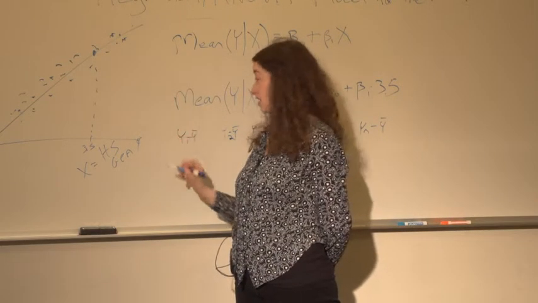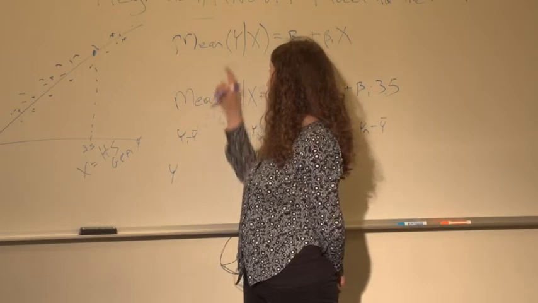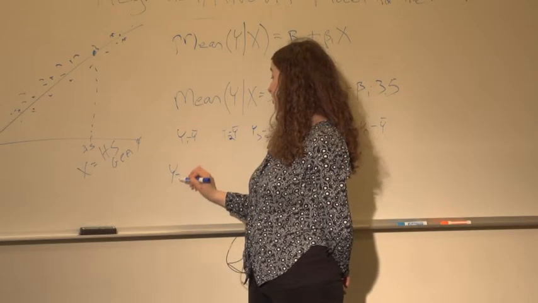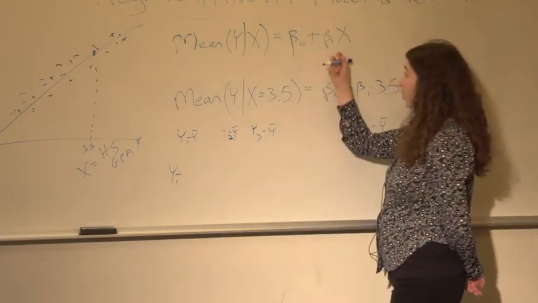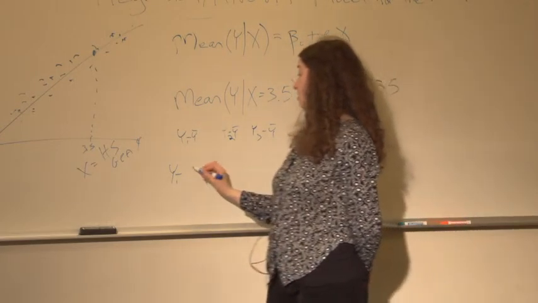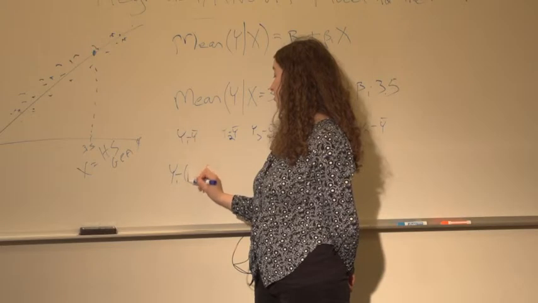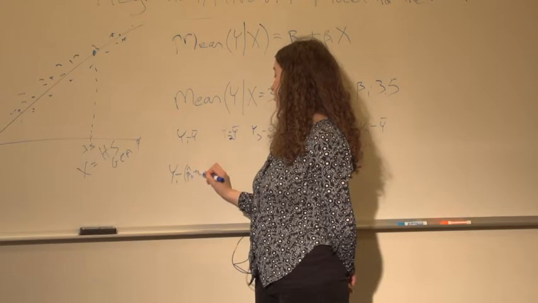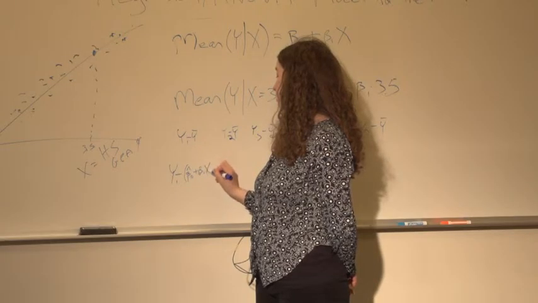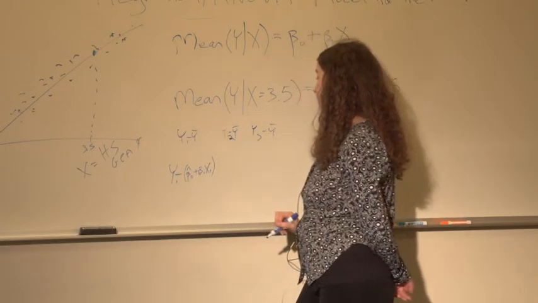The regression model, this equation right here, says that I should compare each point to what I would get from this model. So I have some estimate of beta 0 plus my estimate of beta 1 times the x value for that first person.